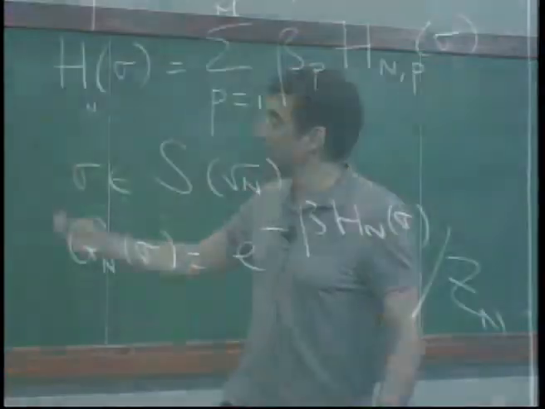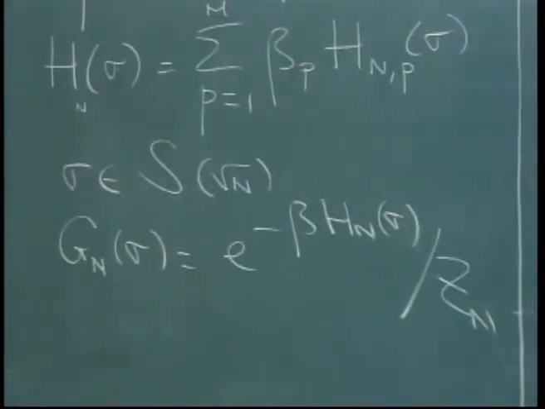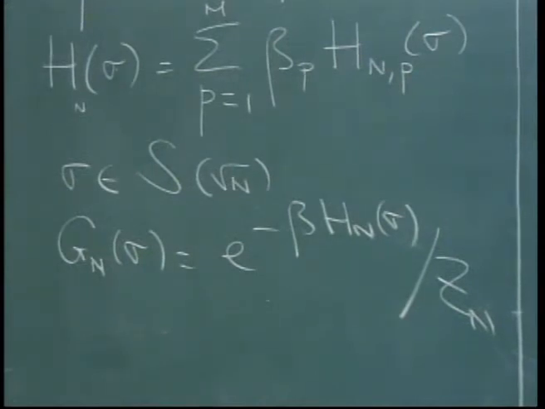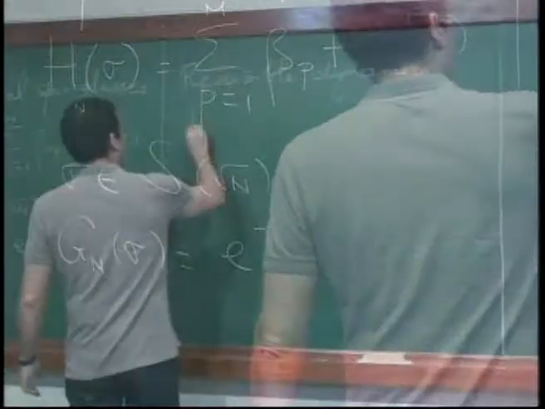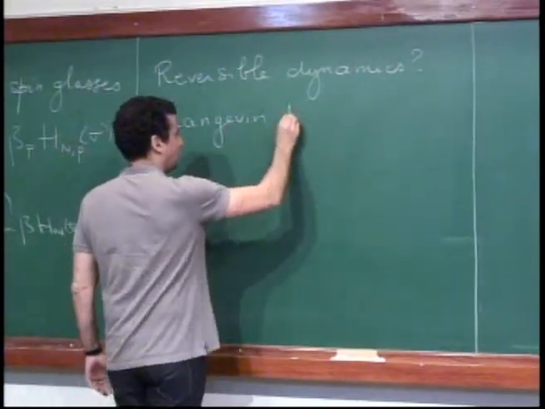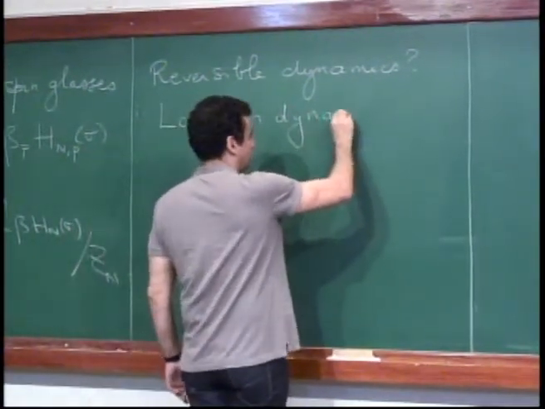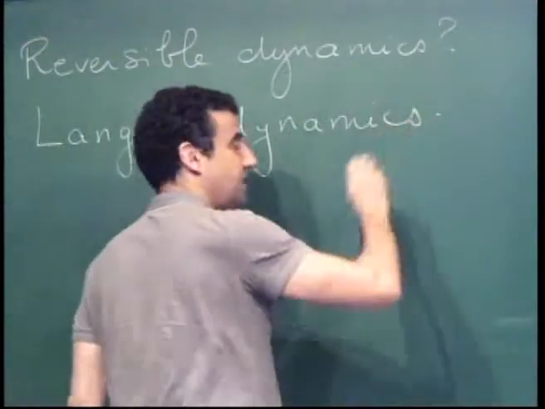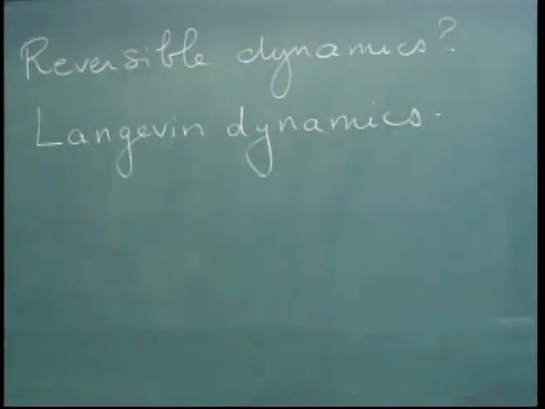But here, what kind of natural dynamics do you have on the sphere? I will not look at a continuous time Markov chain. So the natural dynamics, of course, are diffusions. So the natural thing to do here is to take Langevin dynamics. So you see, we're all talking about the same period, Einstein, Langevin, all this happened at the same time.